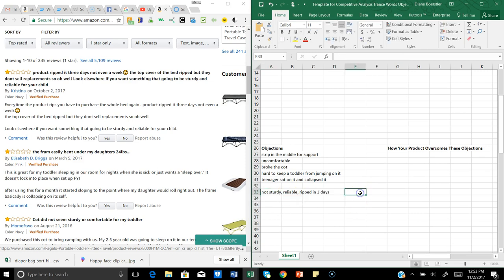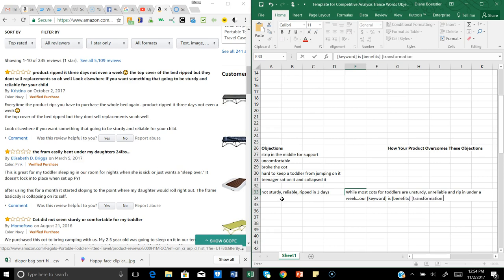You would use this in your copy saying something like, cots for toddlers are unsturdy, unreliable, and rip in under a week. You'd say something like that. Our cot is, whatever your keyword is, XYZ. And then the benefits, right? And the transformation it provides.